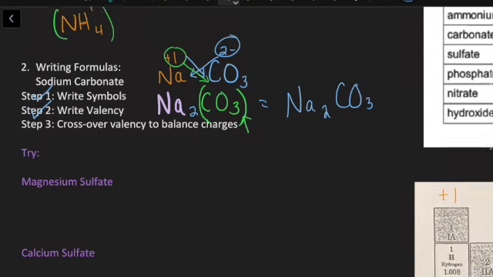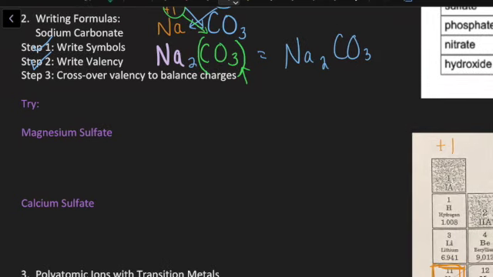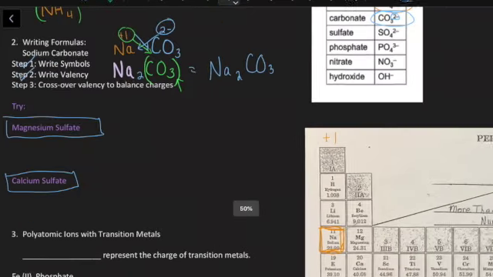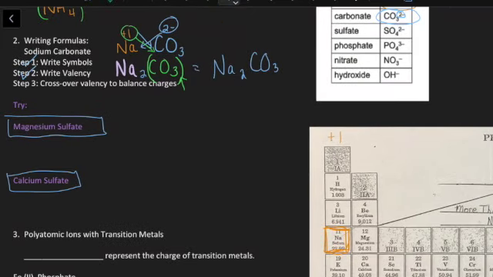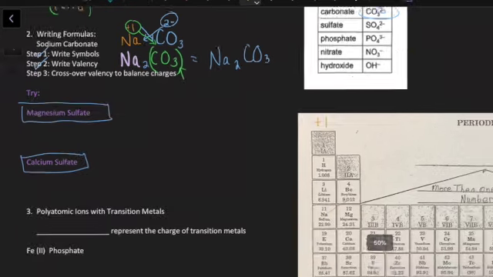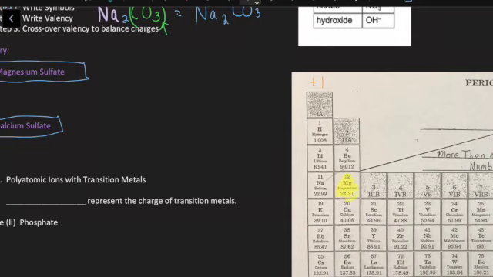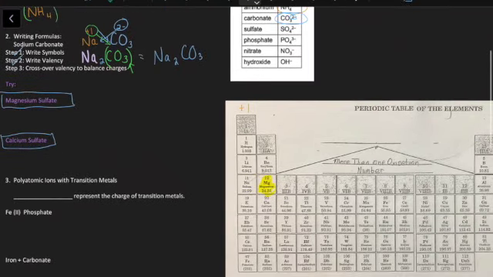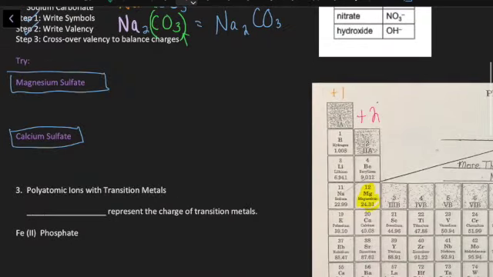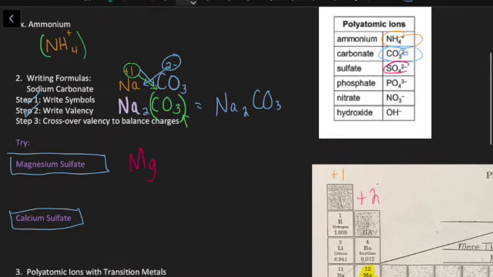Alright, you try these. Pause the video right now, and you try these 2 right here. Magnesium sulfate and calcium sulfate. Alright, you should have paused it. I hope you did. Alright, magnesium is right here. And if you have your oxidation numbers on your chart, which you should, it's a +2. So we got magnesium, then we got to go up here and find sulfate, and it is SO4.